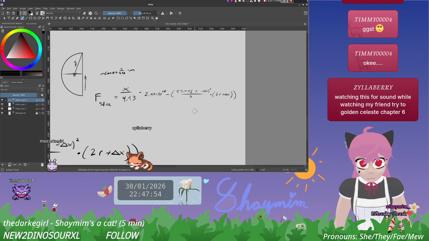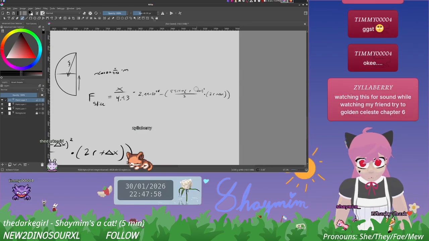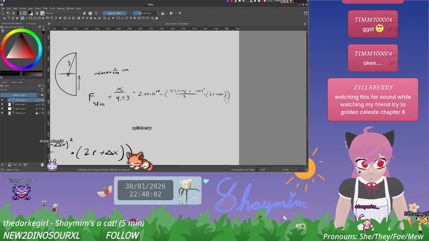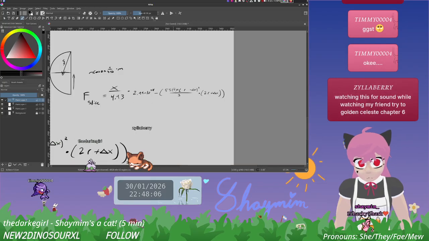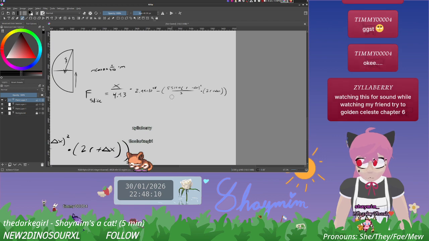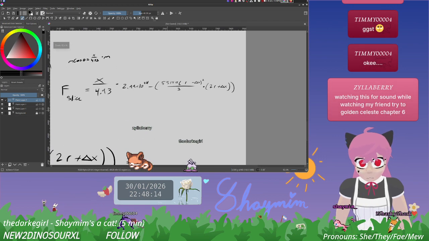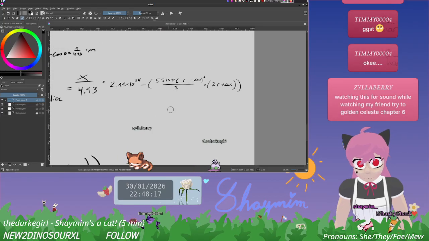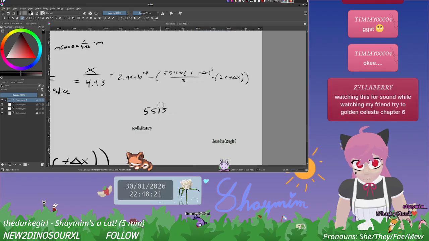So we basically need to find a way to move these delta x's out of where they are, you know what I mean? Because we can't integrate if they're so involved in the problem. Can we? Probably not. Definitely not. So that would be 5515.